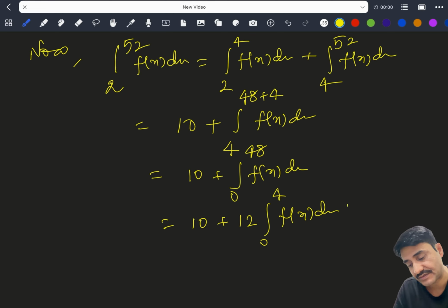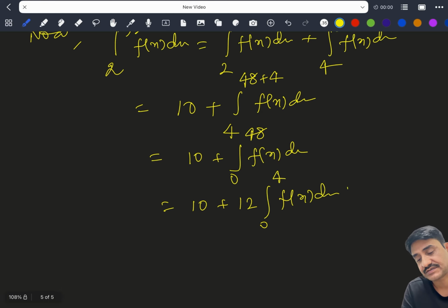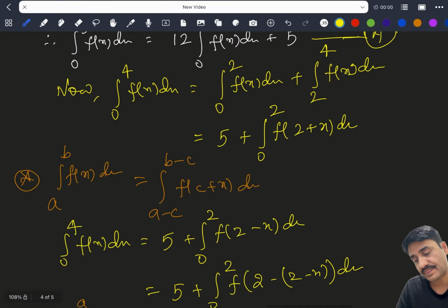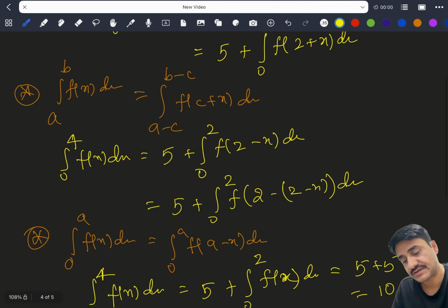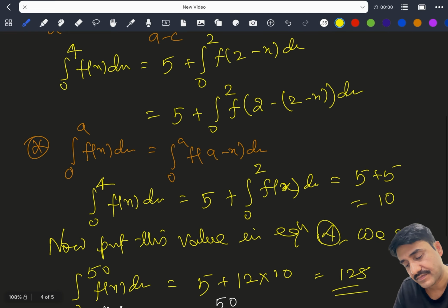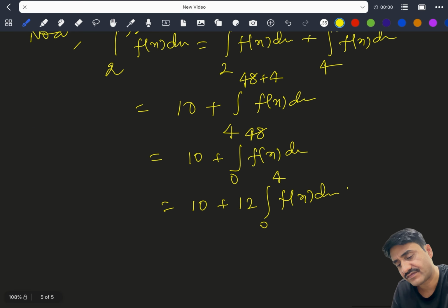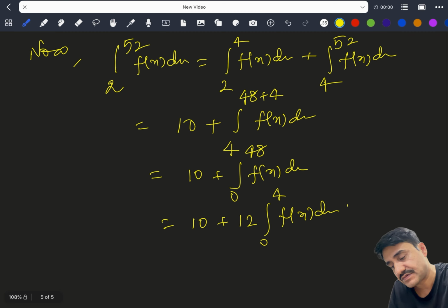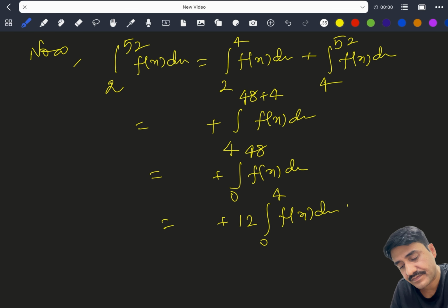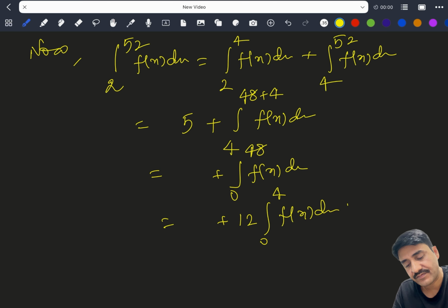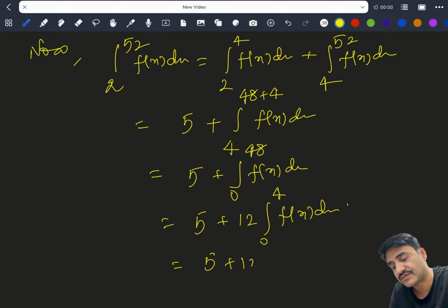We have just obtained 0 to 4 f(x) dx, and it is 10. So 5 plus 12 into 10 is 125. So the third option is also correct.